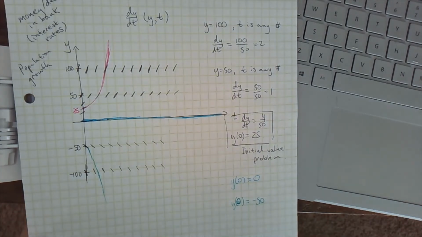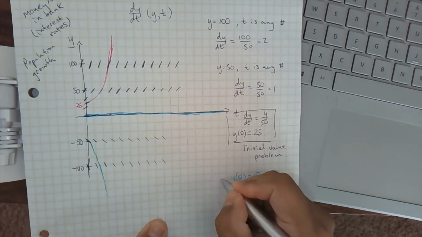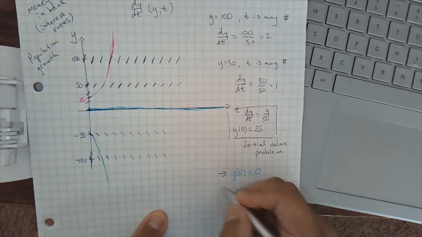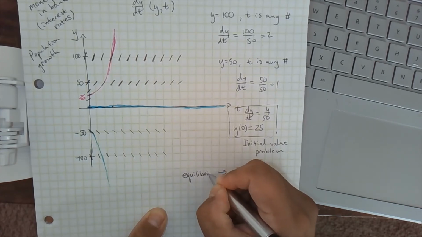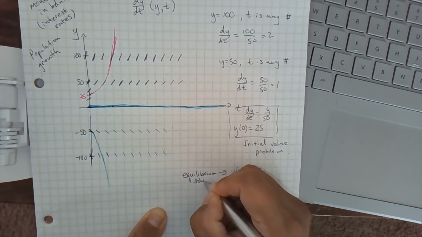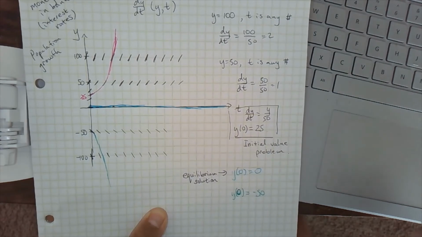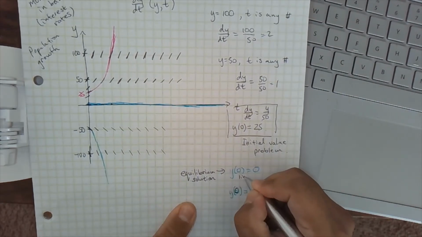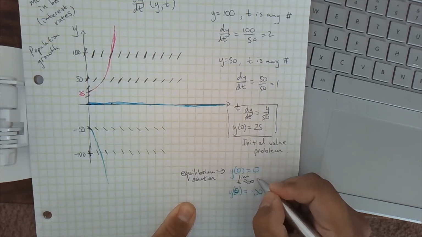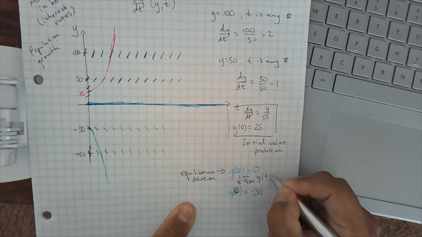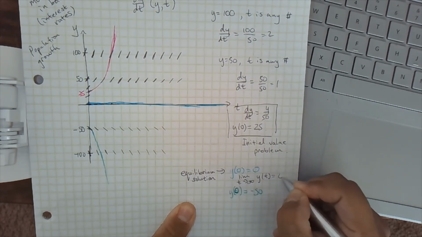Okay, so y equals 0. We call this the equilibrium solution, meaning our y value never changes. And then if we want, we can write this as a limit. So the limit as t gets really big of y of t is 0.